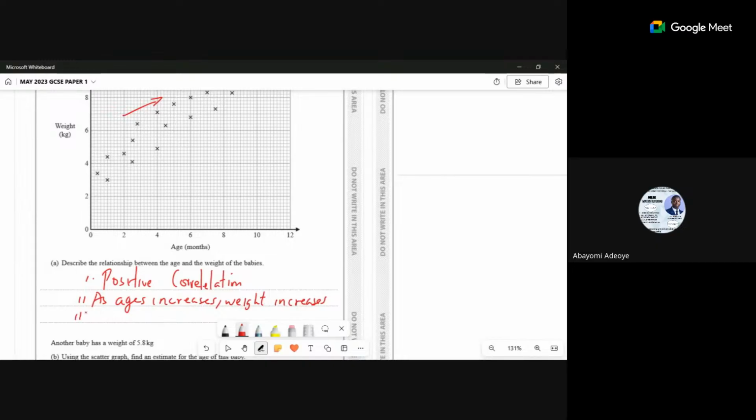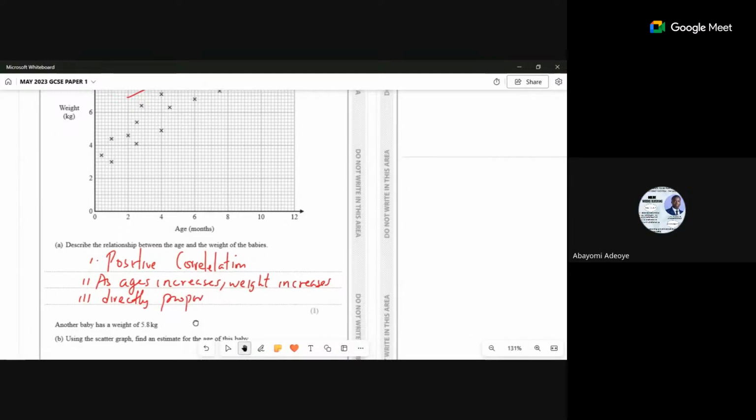And you can also say it is directly proportional. So any of these will be marked correctly. Any of these points, you get a mark. Is that all right? Yeah.